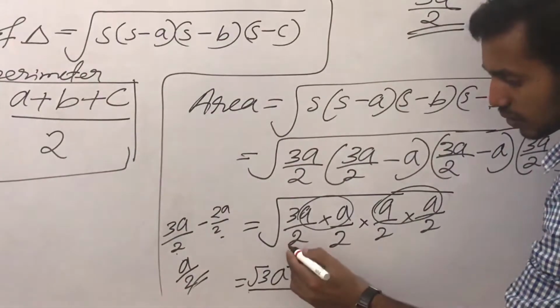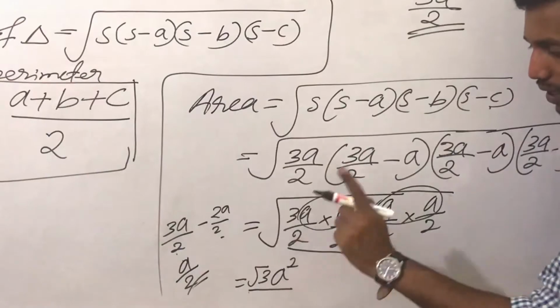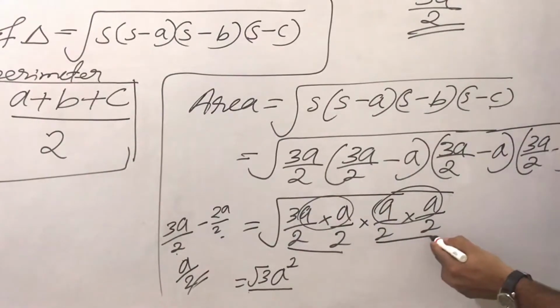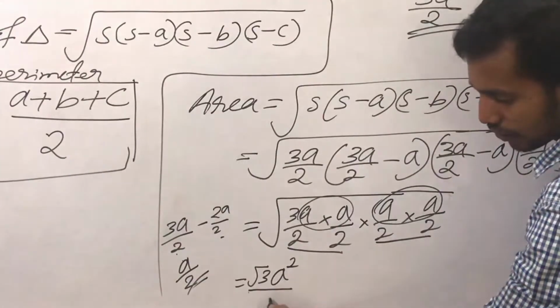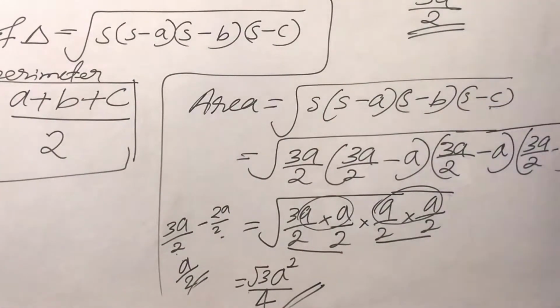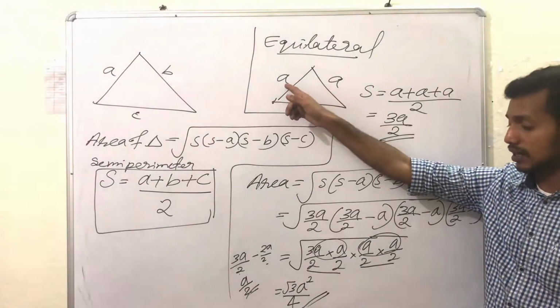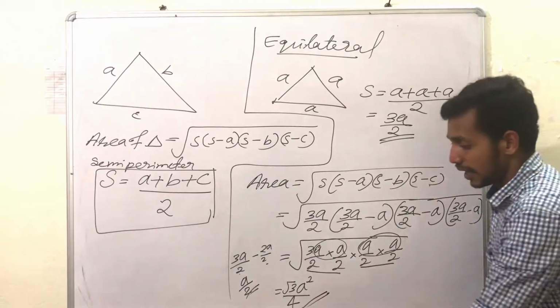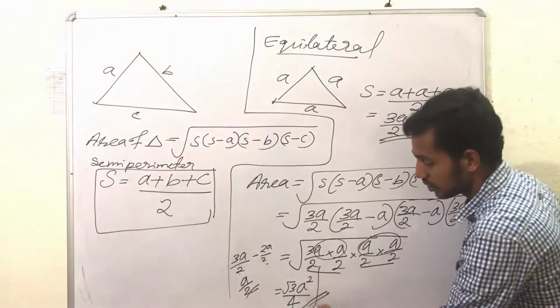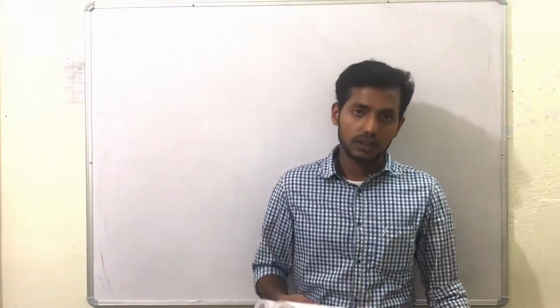Divided by, here also 2s are in 2 pairs, so 2 into 2 will be 4. We can use this formula to find the area of an equilateral triangle if the side is given. Root 3 by 4 a square. Very important formula. Clear?